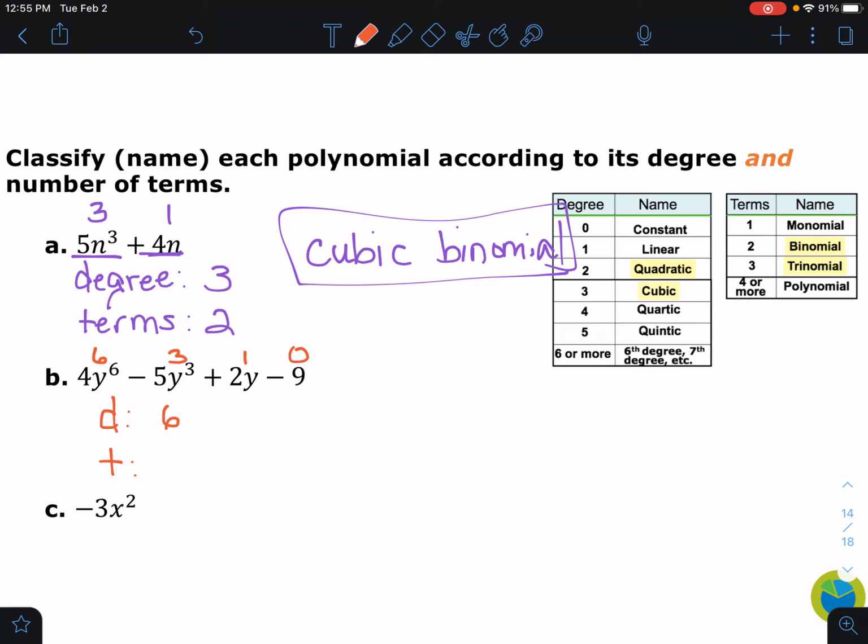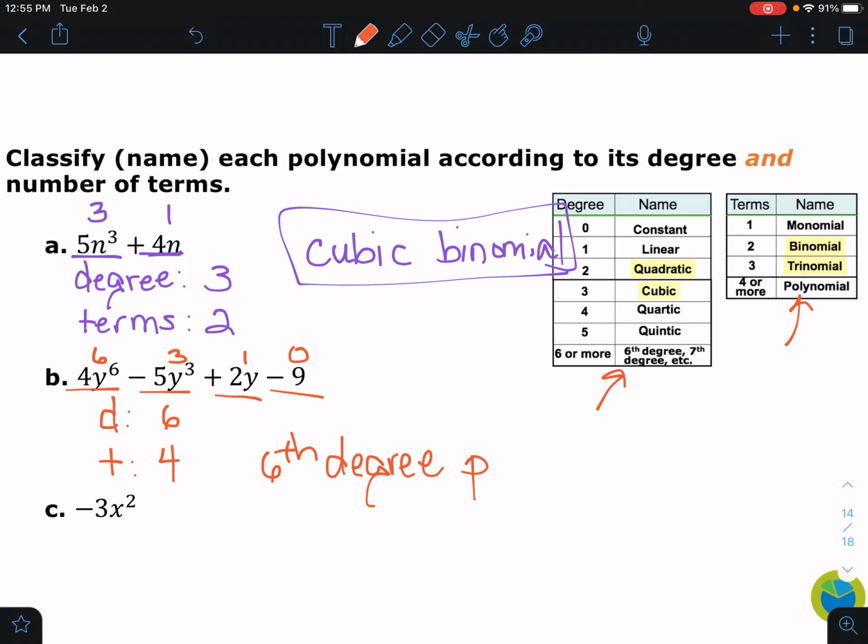And how many terms are there? 1, 2, 3, 4. Okay, so let's use our chart. Degree 6. Notice once you get past 5 here, there's no longer a name. You just say 6th degree. So I'm going to say 6th degree. And then 4 terms. It says we use just polynomial.